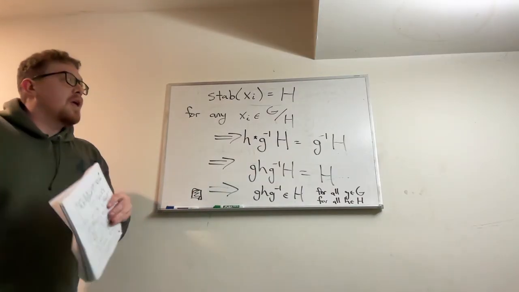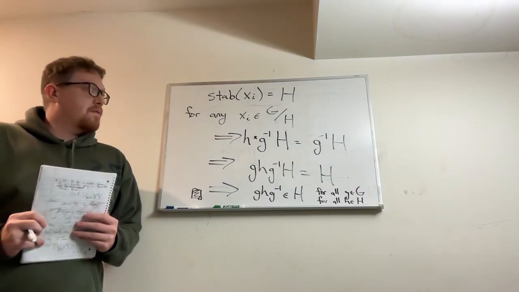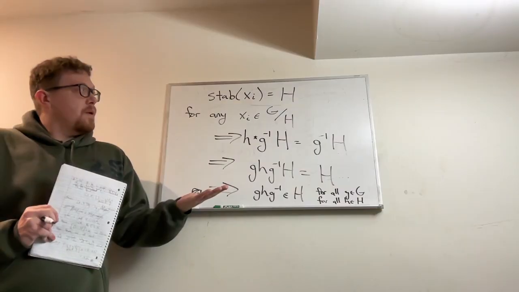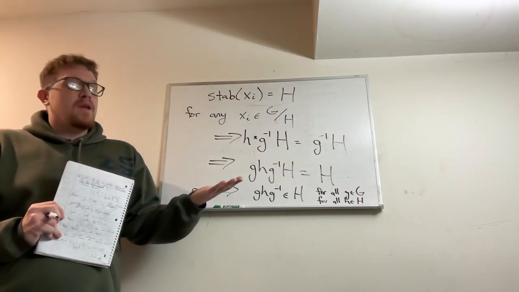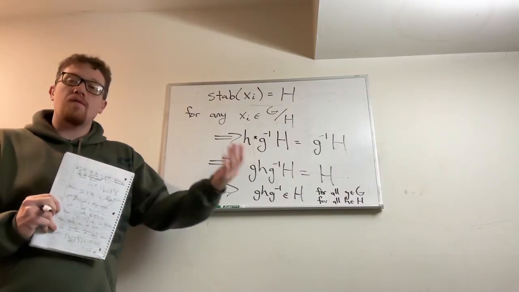So again, just to summarize what we showed here, if you're confused, we had an arbitrary abstract group. We had a prime number P, which was the smallest prime dividing the order of the group.